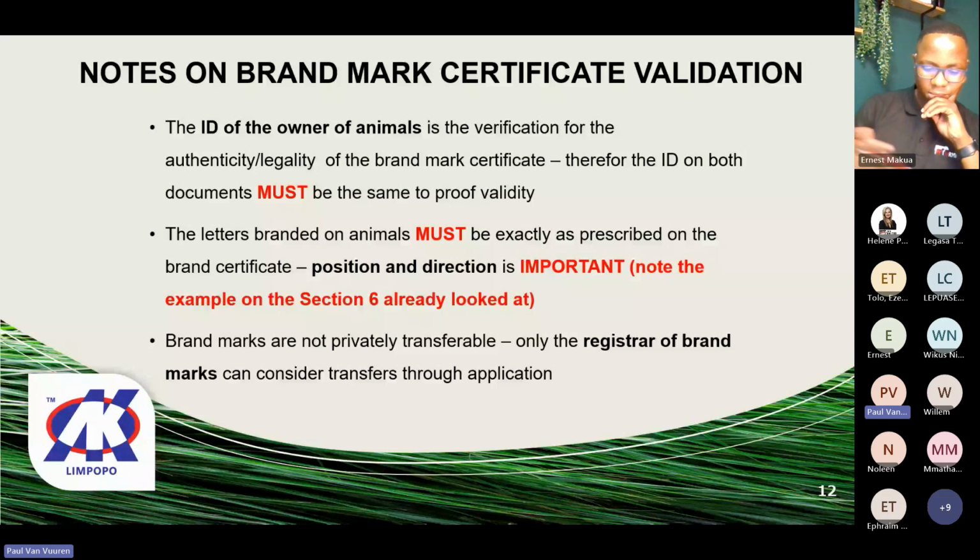But if there's a problem and your brand mark has been lost or stolen, your bag has been stolen or something like that, then you have to go to the police and make an affidavit and state that this was your brand mark and it was stolen or lost, and then you can bring that affidavit to the auction and we can help you.